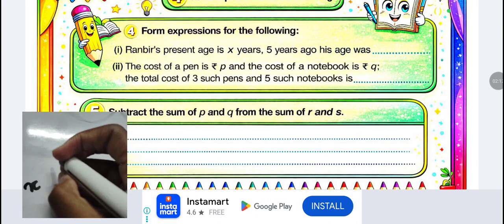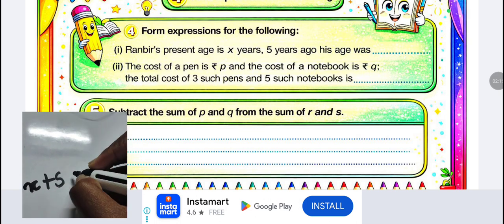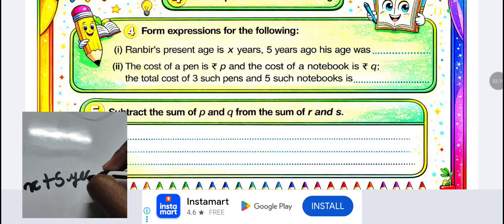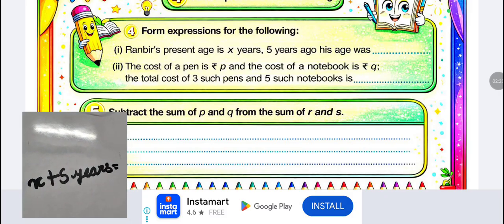It's an easy one. X plus 5 years is equal to the age of Ranveer.